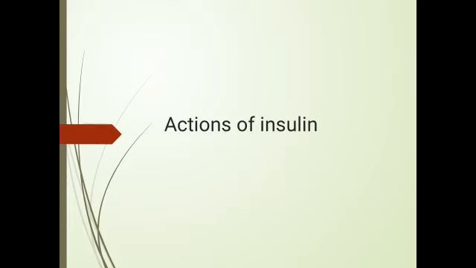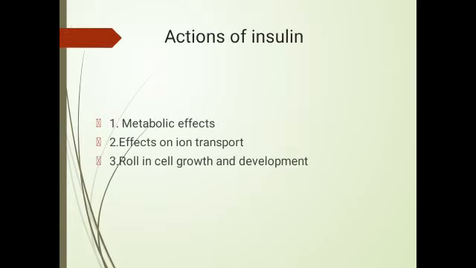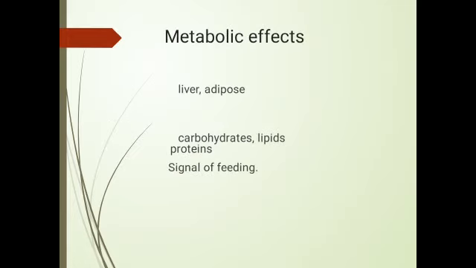What are the actions of insulin? The actions of insulin can be grouped under metabolic effects, effects on ion transport, and role in cell growth and development. So what are the metabolic effects? The main target tissues for insulin are the liver, adipose tissue and skeletal muscle, and it affects the metabolism of carbohydrates, lipids and proteins.